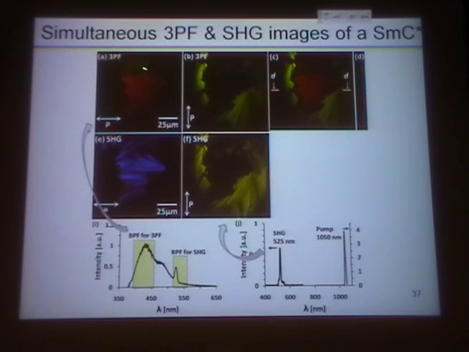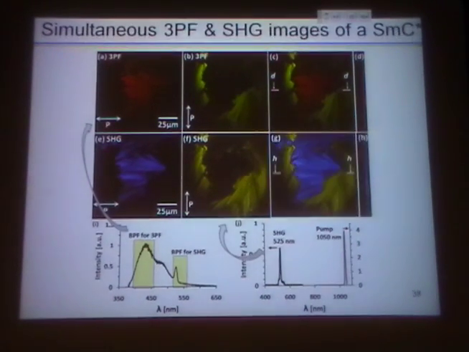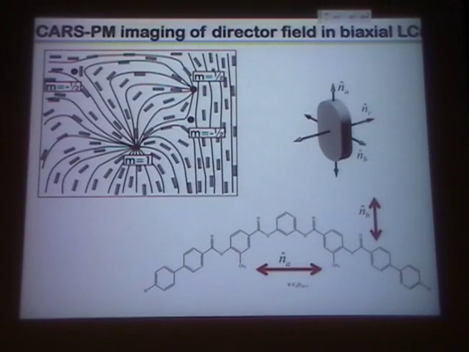And so here again we can see that the very same sample can be imaged by means of three-photon fluorescence imaging for different polarizations of excitation laser light, as well as by means of second harmonic generation imaging, and we can then overlay fluorescence images corresponding to the different polarizations of excitation picosecond or femtosecond laser light in order to reconstruct the director fields.